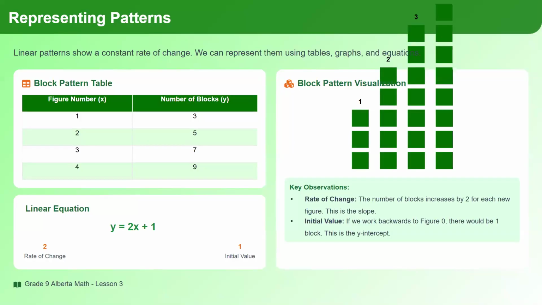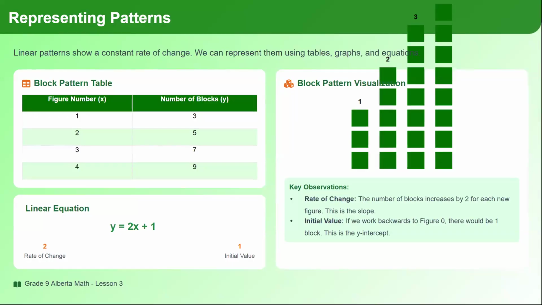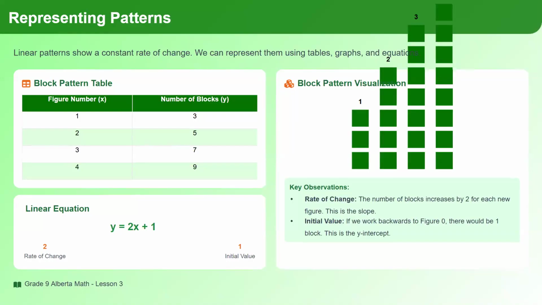Yep, so 2 is the difference between the y values. So 3, 5, 7, 9. And why is there 1? What's the 1 coming from?